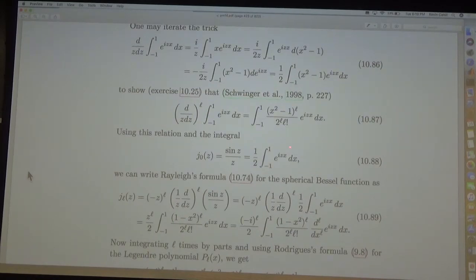And in fact, if you use this integral, the J0, which is sine z over z, is equal to this, and you use Rayleigh's formula for JL, which is a derivative of sine z over z, then you replace sine z over z by this integral.